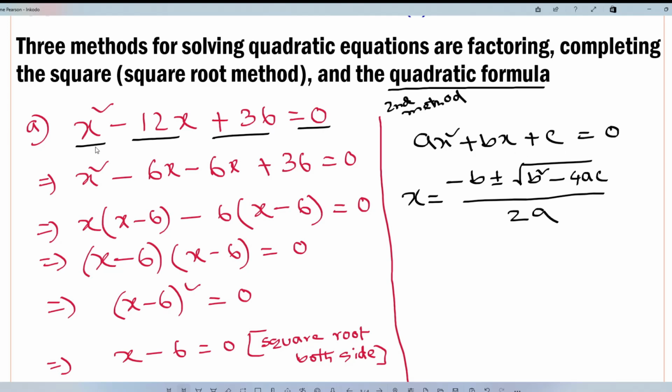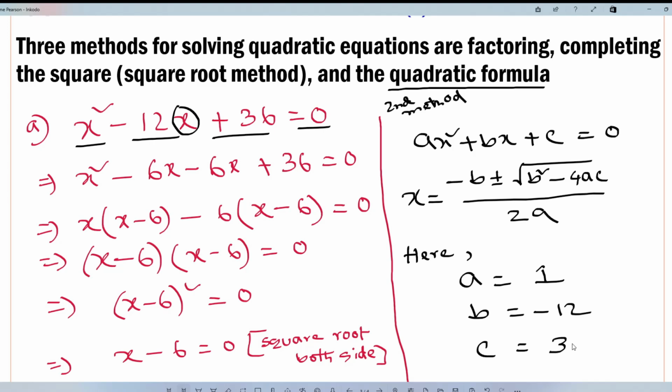So this is the same thing, x square, and there the coefficient is nothing, so a equals 1. Then b, the coefficient of x is minus 12, so b equals minus 12, and c, the constant, is 36.